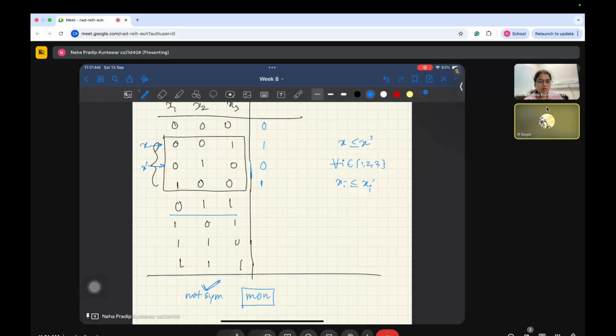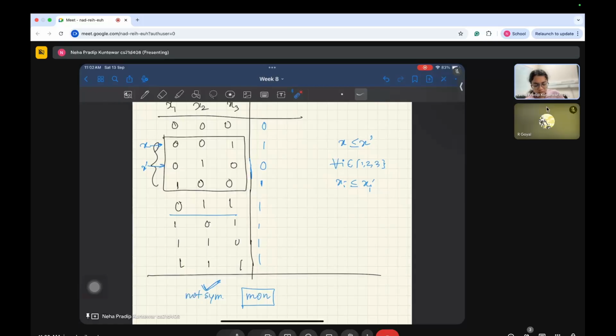Or the easiest way in this case would be to just make everything 1. It's okay if you go from a 0 to 1, but from a 1 to 0 you shouldn't go. So the easiest way would be to just make everything else 1.